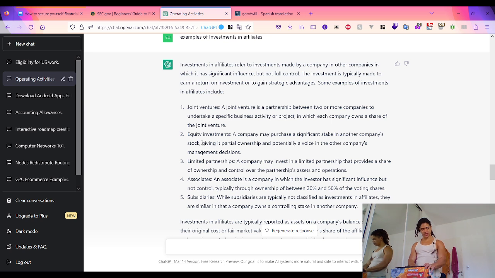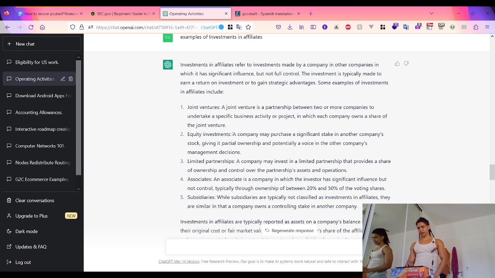For the joint venture, you have a partnership between two or more companies to undertake a specific business activity or project, in which each company owns a share of the joint venture.